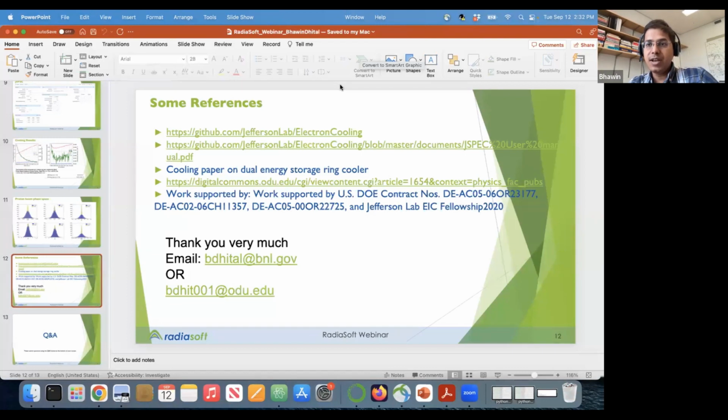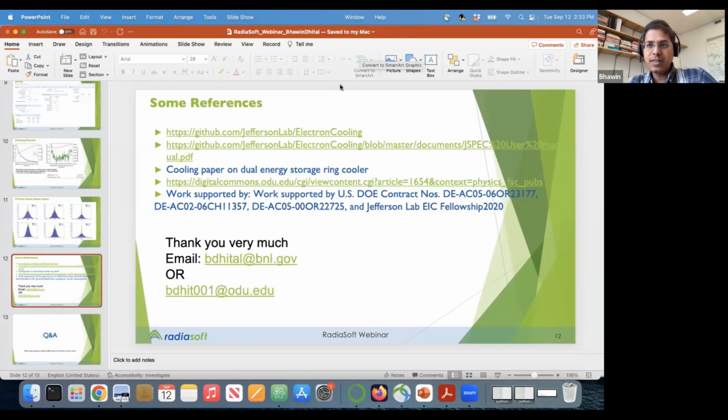You cannot get equal cooling in all three directions. In general, you can see the longitudinal temperature is very small, 0.27 eV, but the transverse temperature is on the order of 1,000, 9,000 or something. So there is a strong cooling in longitudinal. If we don't include the dispersion, then we cannot redistribute the cooling in the longitudinal direction.